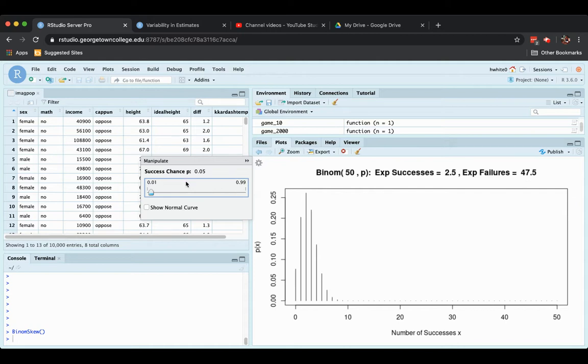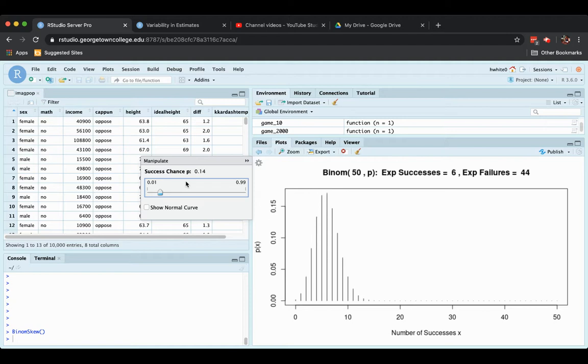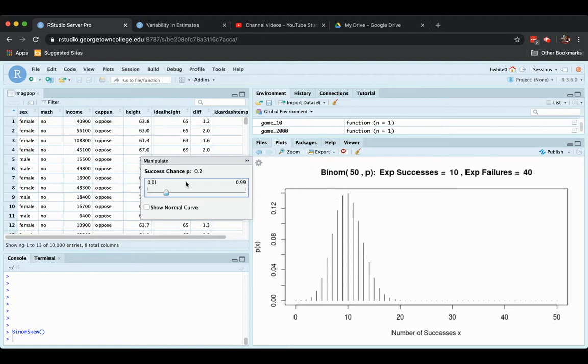Let's keep on increasing the expected number of successes. I'm now up to a binomial random variable where the expected number of successes is 10. The P here was 0.2, a 20% chance of success on each of my 50 trials. 50 times 0.2 is 10. By the time you get up to 10, look at the shape of the distribution of the binomial random variable.